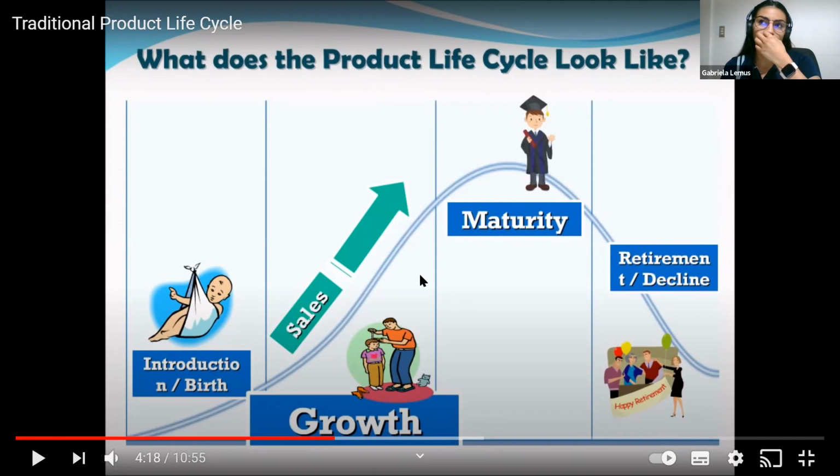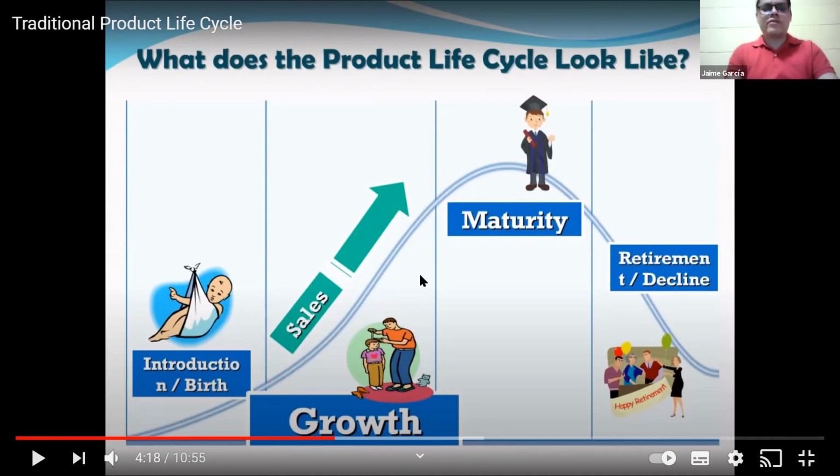And if you don't get the push and pull strategy right, you can't make the awareness enough to go forward to the next phase, which is growth. For me, growth is more difficult because you have to invest more to be recognized.